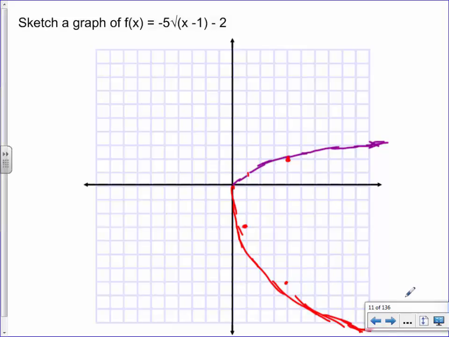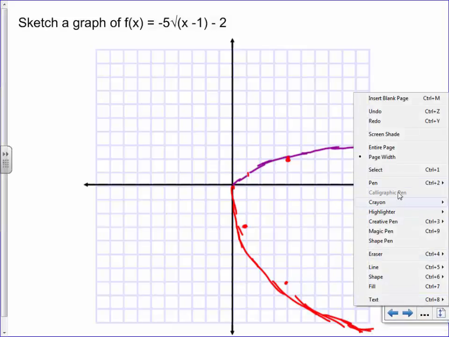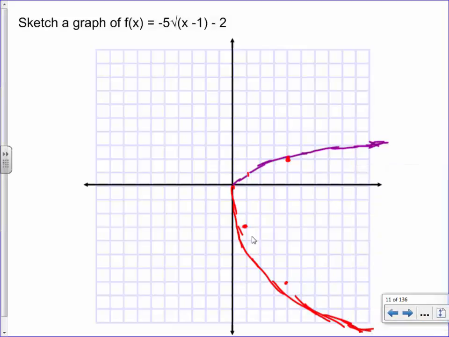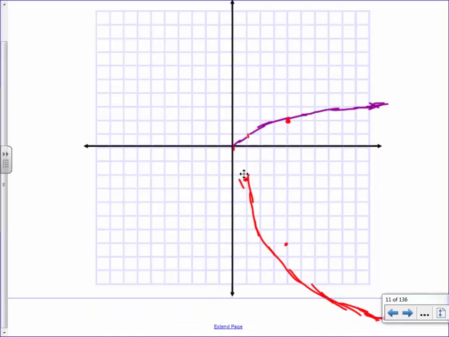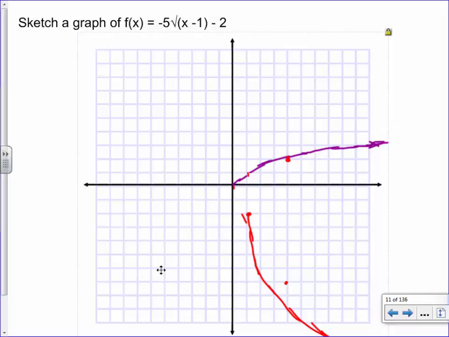That makes sense. And then last 2 things, I can do this because I can select this thing. The -1 means to move this thing that way over 1. And then the -2 means to drop this guy down to about there. I'll just put a little dot right there. Where does this graph start? Where is this point right here?